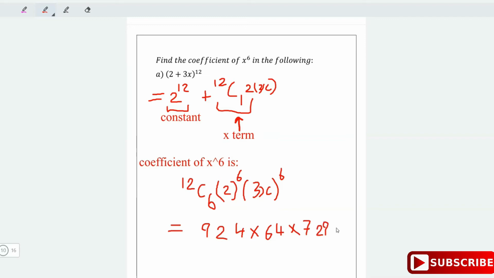All of this would be multiplied by x to the 6. So when you multiply these three numbers, 924 times 64 times 729, that will give you the coefficient of x to the 6. It is a very big number.